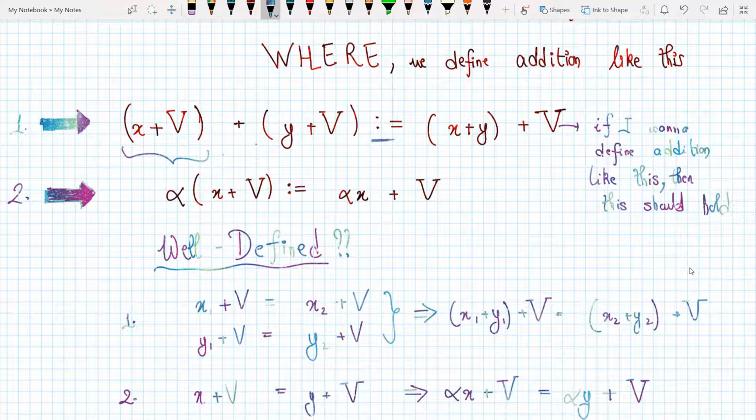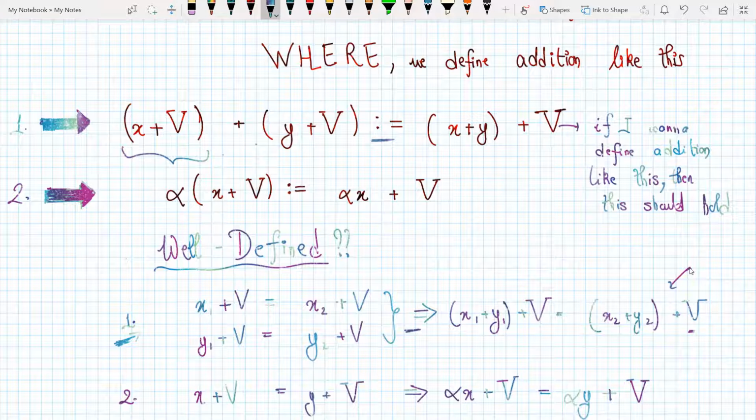In our setup, what I mean by well-defined is that if x1 plus V equals x2 plus V, and y1 plus V equals y2 plus V, then together these imply that x1 plus y1 plus V equals x2 plus y2 plus V. I want this condition to be satisfied so that my addition operation becomes well defined.